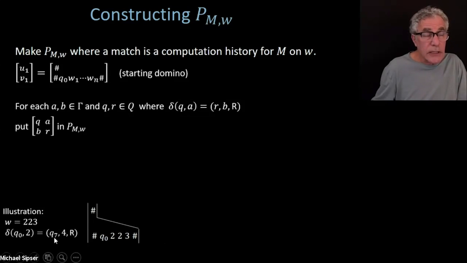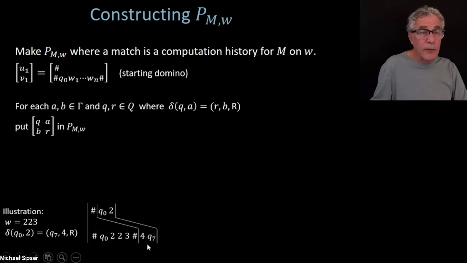If it goes into state Q7 and writes a 4 and then moves right, I'm going to have in this domino Q02 on top and 4Q7 on the bottom. Because 4 is what I write right here. That's the B, and the new state that I'm going into is Q7.